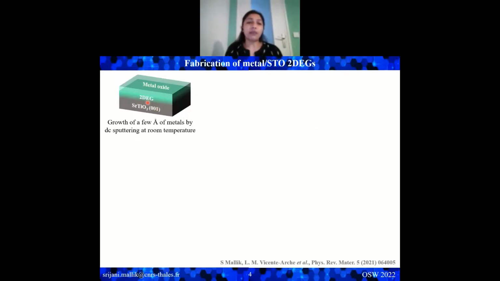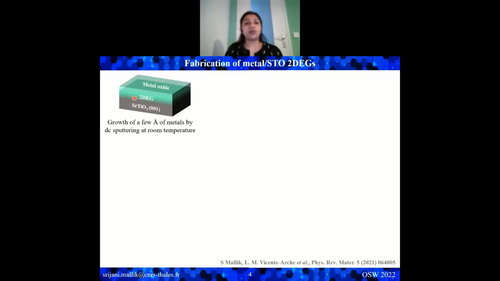What happens is that when you deposit metal on top of STO, the metals pull out oxygen from the STO surface and become metal oxide, and in turn, at the interface between the metal oxide and strontium titanate, oxygen vacancies are created, which gives rise to the two-dimensional electron gases.